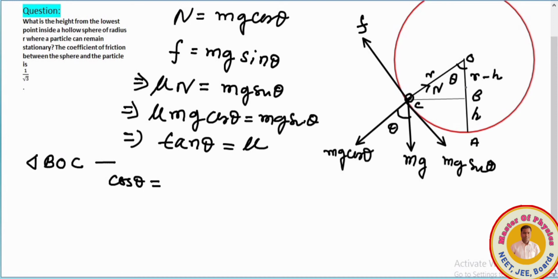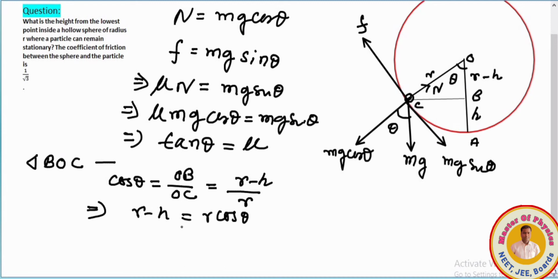Here OB is the base and OC is the hypotenuse. The value of OB equals R minus h and OC equals the radius of the sphere. Hence R minus h equals R cos theta, and this gives h equals R into 1 minus cos theta.